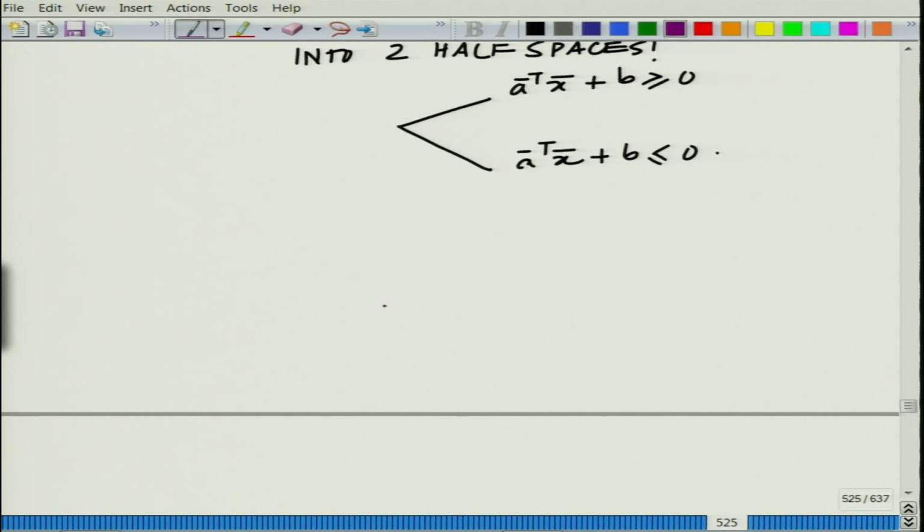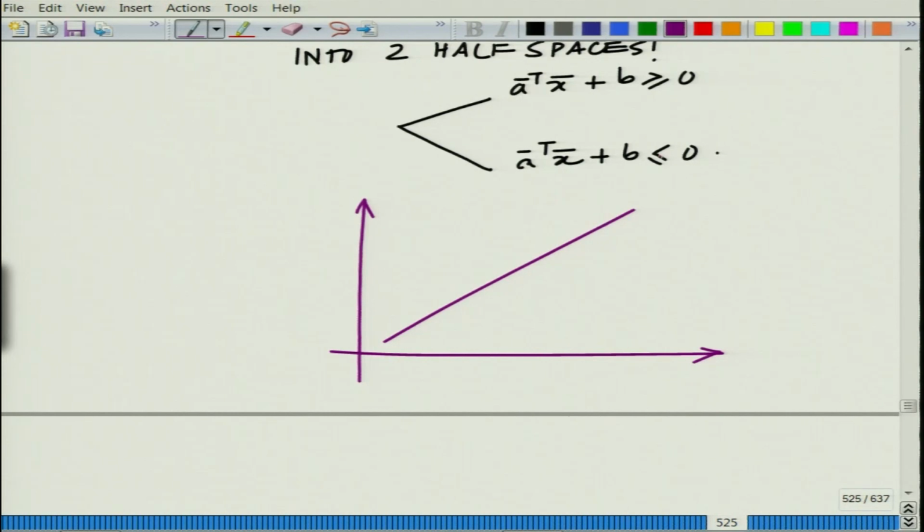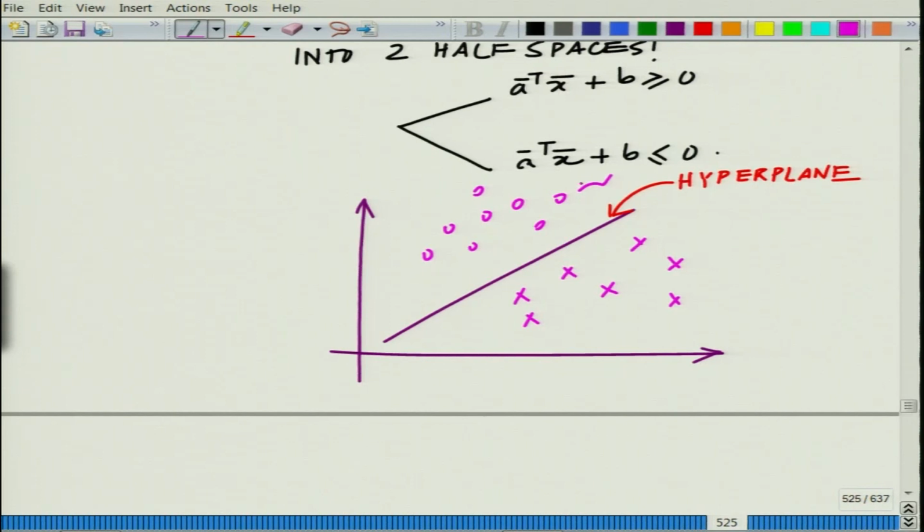The idea of the support vector machine is the following: how do you find the hyperplane such that, given this data, each class lies in its own half space?